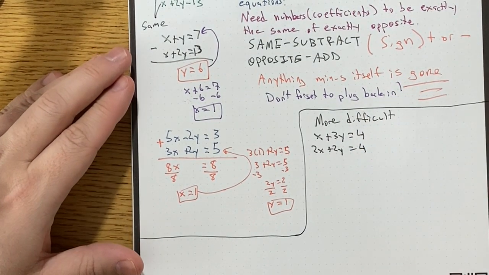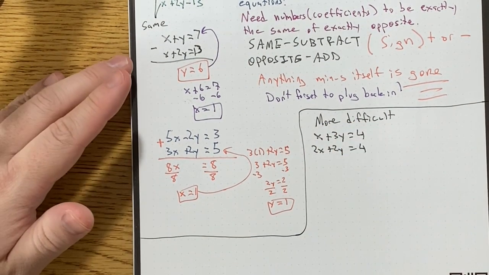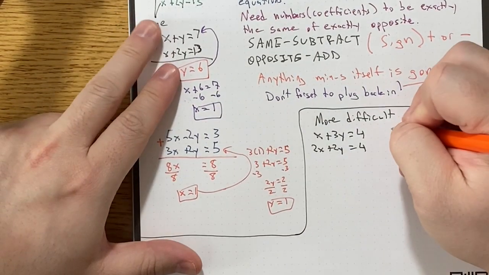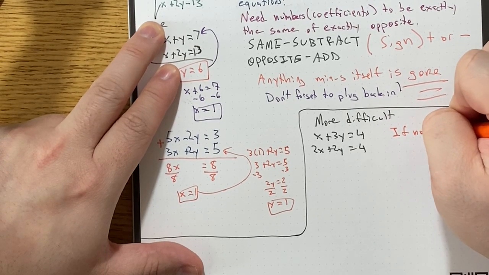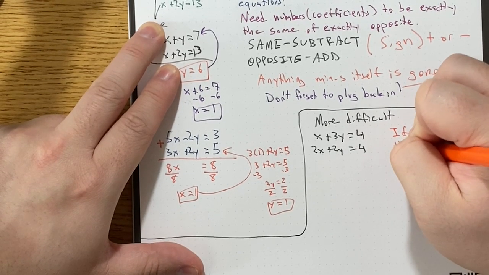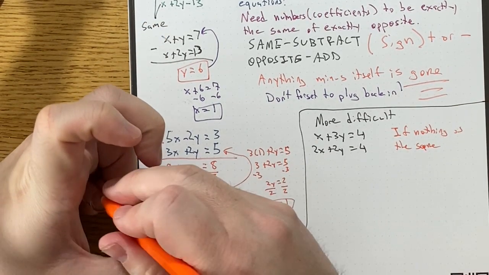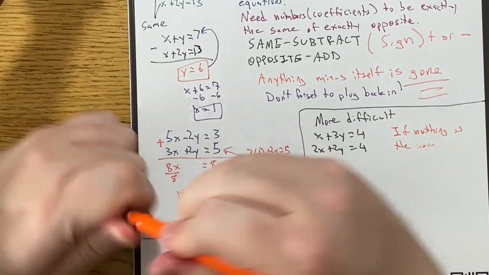Now if you were going to look at this, they're not the same, they're not the same. So there's a trick you can do. If nothing's the same, gosh, my handwriting is getting terrible. So is my speaking.